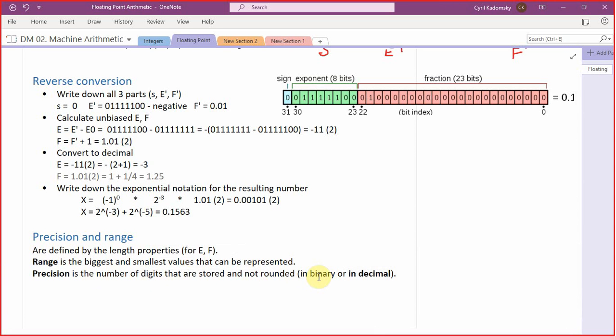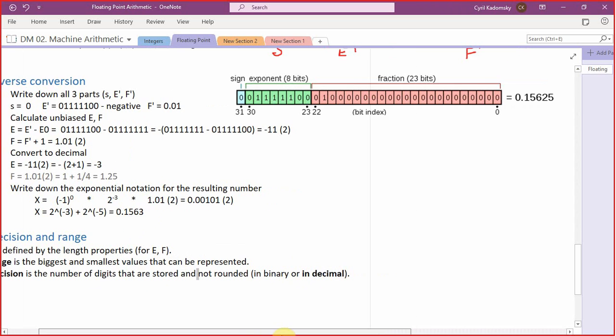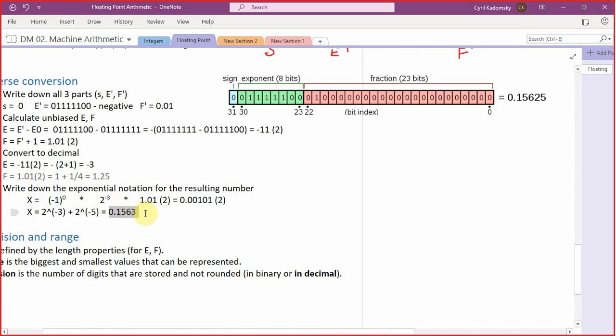And what about how many digits are stored and what is not rounded? Maybe in the previous example you have noticed our environment, which calculated this expression for me, rounded the answer up to 4 digits after the point. That is why I haven't obtained 5 digits, and that is why the last digit is not quite the same.